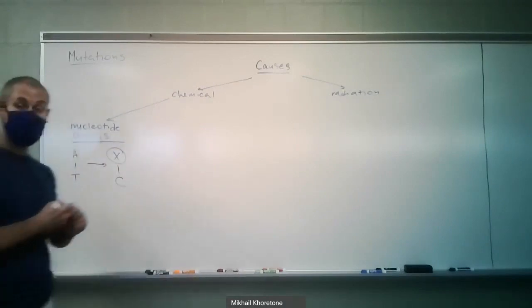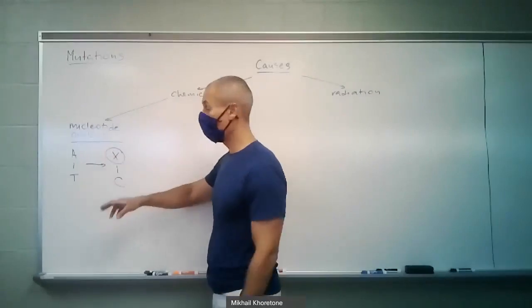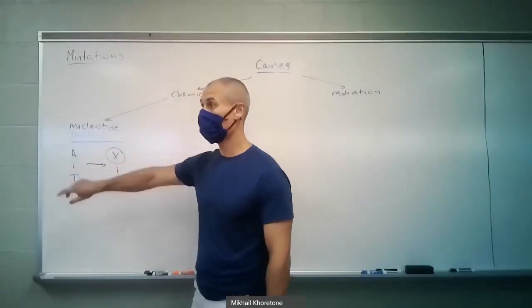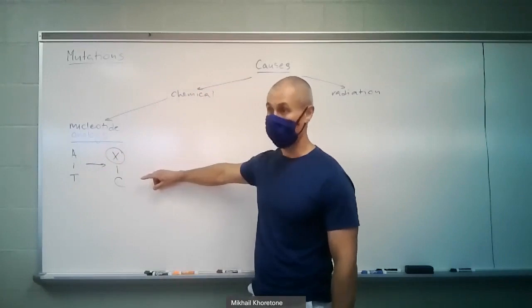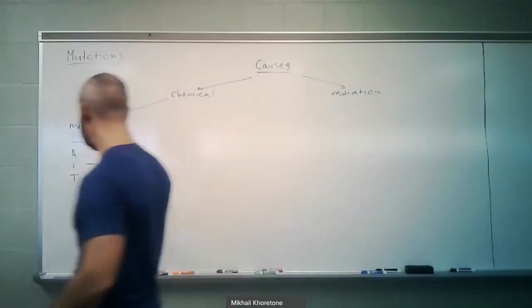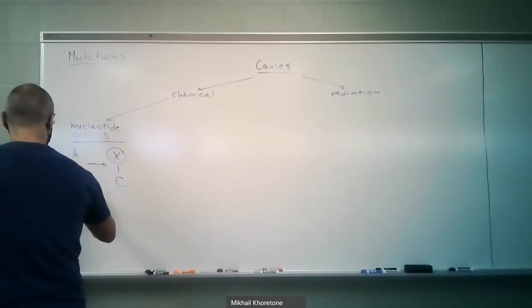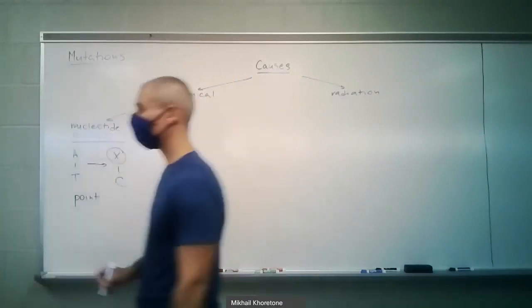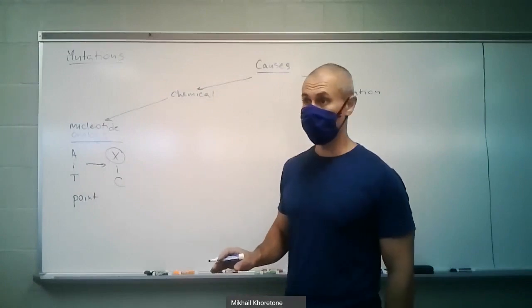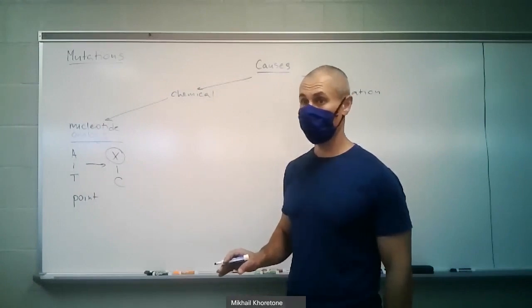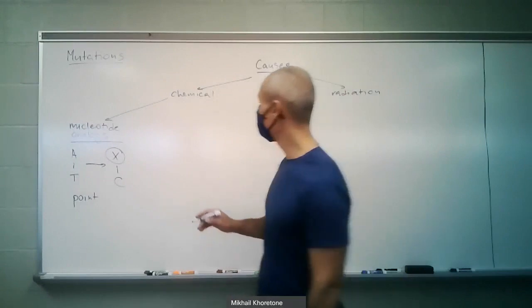And then over time, what you have here is AT is replaced by GC. Does that make sense? So that's going to be point mutation. Good? Okay.